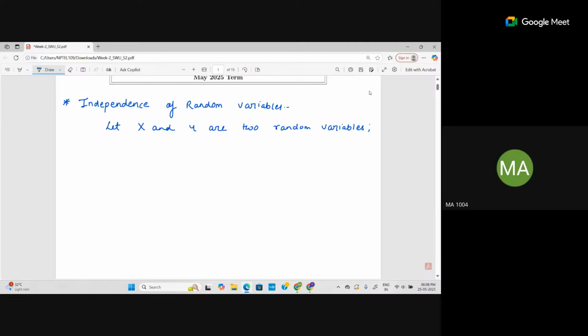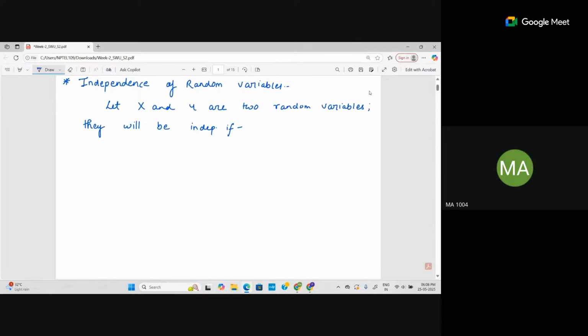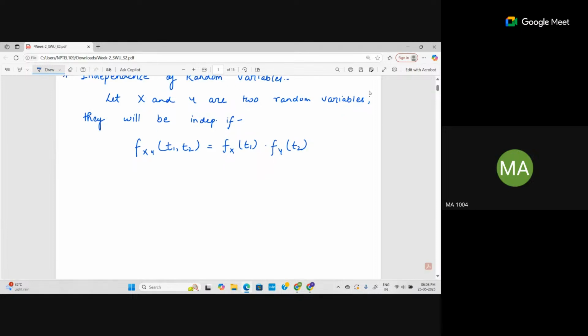So let x and y be two random variables, and they will be independent if their joint probability is equal to the product of their marginals.